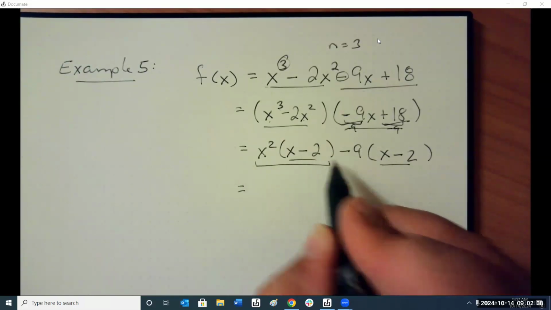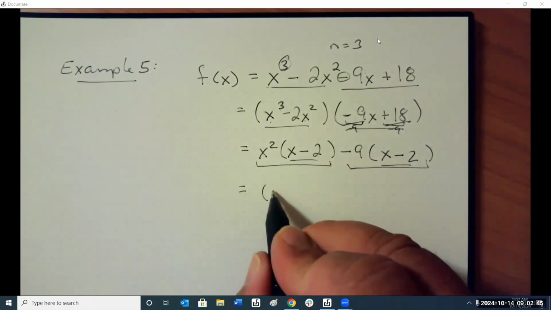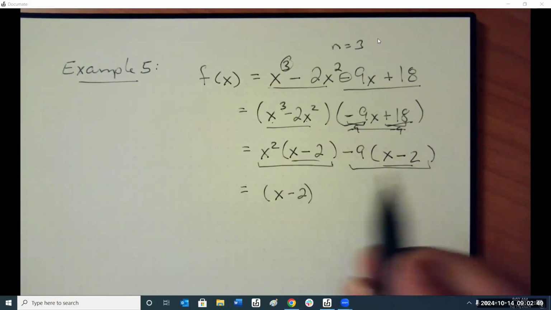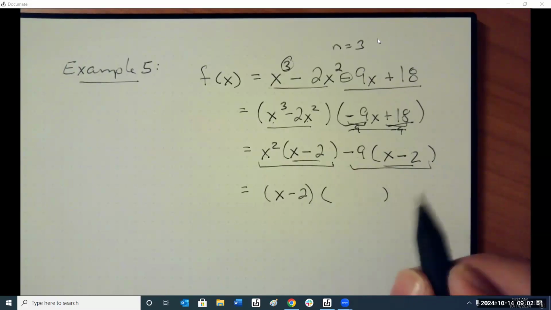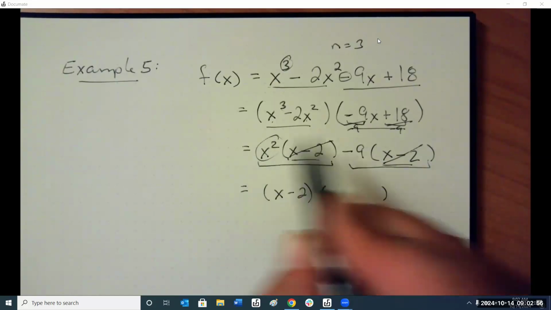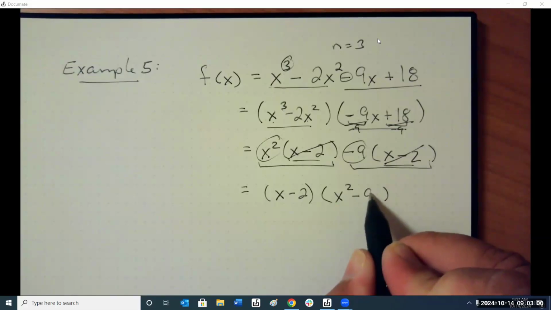Remember, we only have 2 terms left. Do they have anything in common? Yes, they both have the x minus 2. So if we factor out the x minus 2's, all we have left are the coefficients, and they go in their own parentheses.